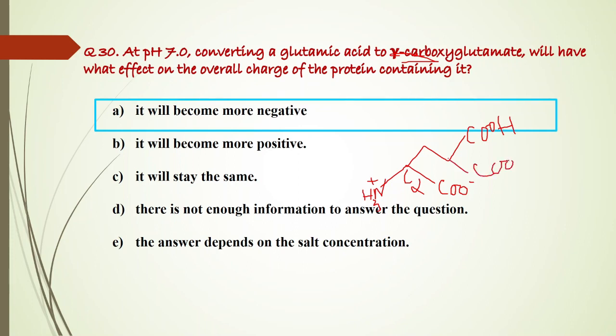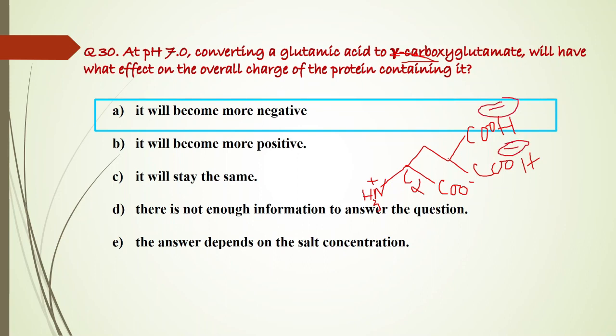So it will be like this, gamma carboxyglutamate. You have basically added another acidic group to the protein, and obviously at pH 7, because the pK values of COOH are generally very low, in the region of 2 to 3 or so, all of these COOH groups will remain in the deprotonated form, that is COO minus.